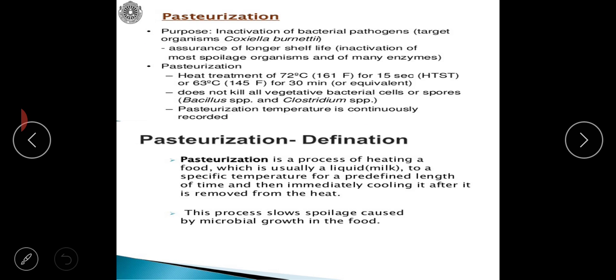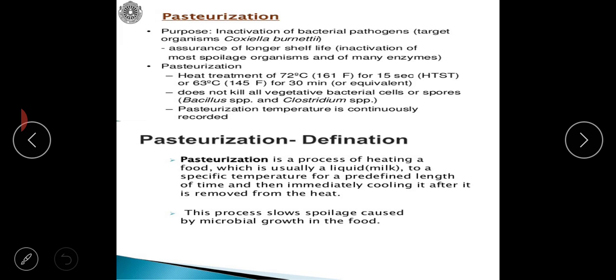Coming to pasteurization, the main purpose of pasteurization is inactivation of bacterial pathogens, and the target organism is Coxiella burnetii. Pasteurization assures a longer shelf life for the collected milk, through inactivation of most spoilage organisms and of many enzymes.